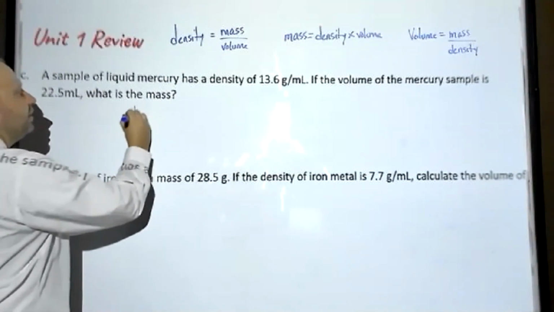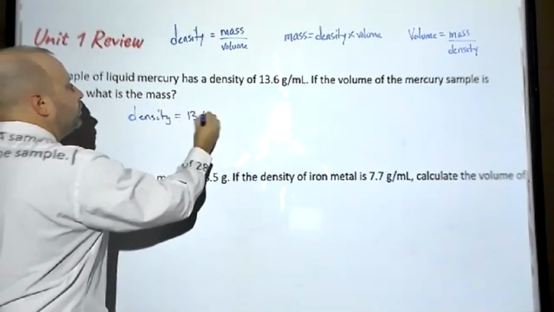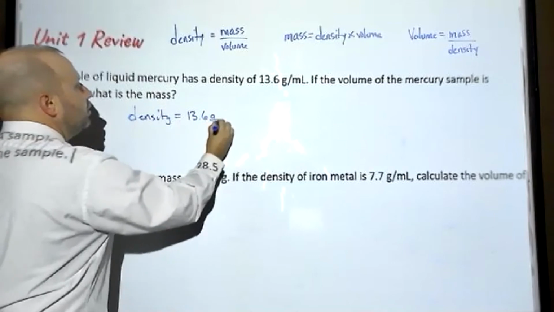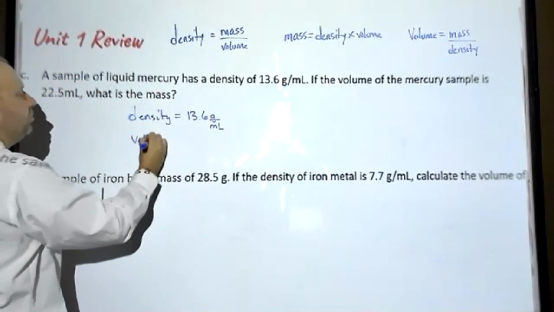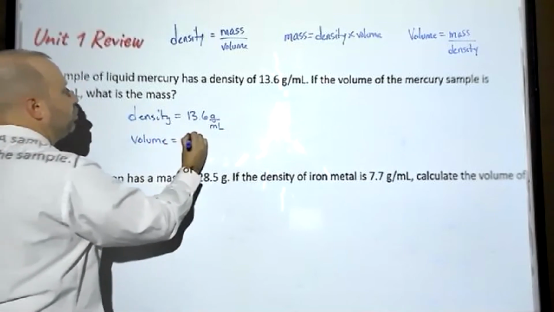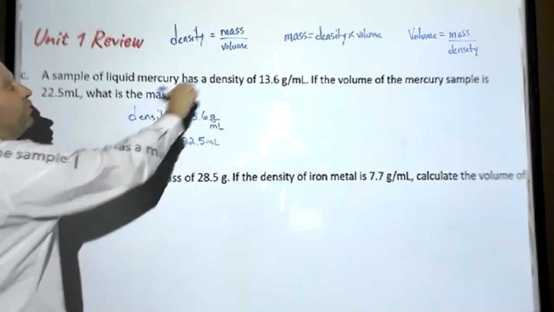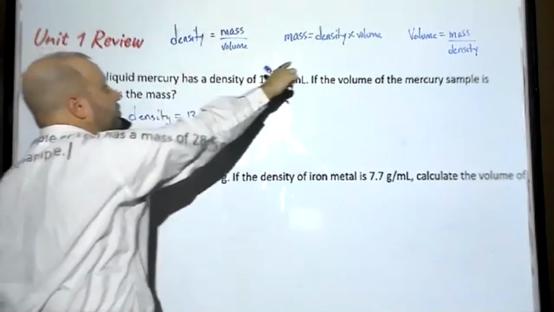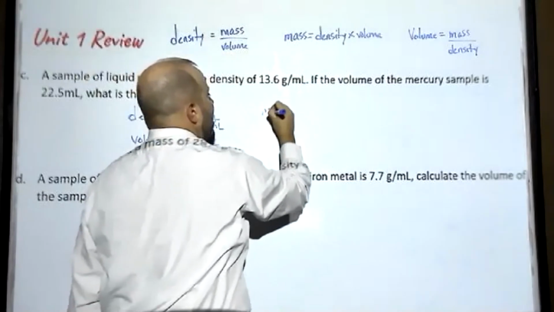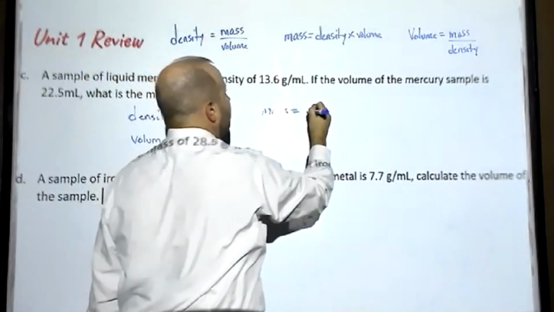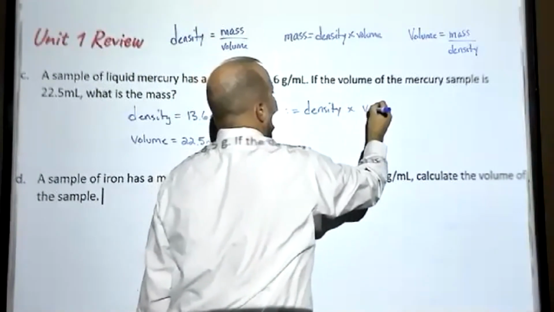If the volume is equal to 22.5 milliliters, what is the mass? So now we're not going to use this equation, we're going to use the one that says mass equals density times volume.